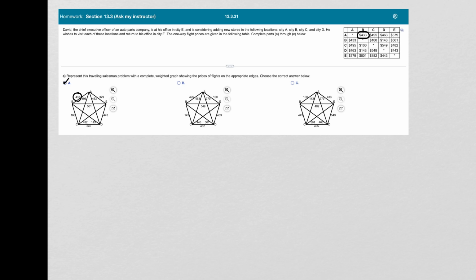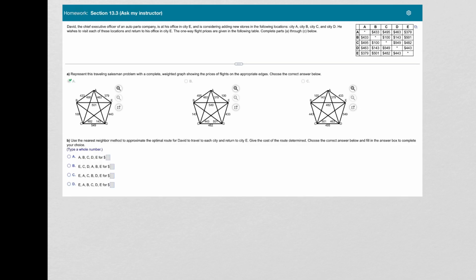So now that we know what the complete weighted graph is, we can use the nearest neighbor method in order to find the least expensive route. So it says in part B, use the nearest neighbor method to approximate the optimal route. And so always keep in mind that this is an approximation.